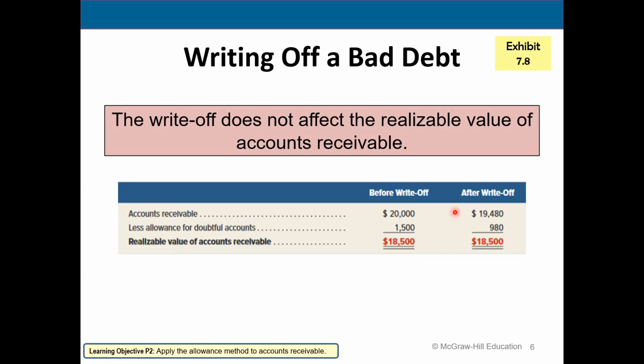After the write-off, both accounts receivable and the allowance for doubtful accounts decreased. Since they both decreased by the same amount, our net is still the same. So when we specifically write off a certain account, our net accounts receivable doesn't change.